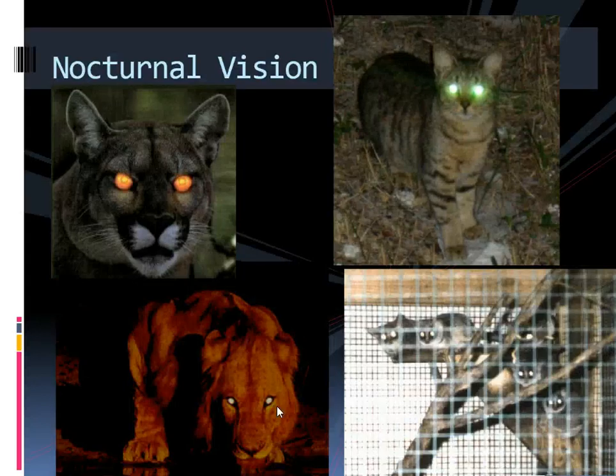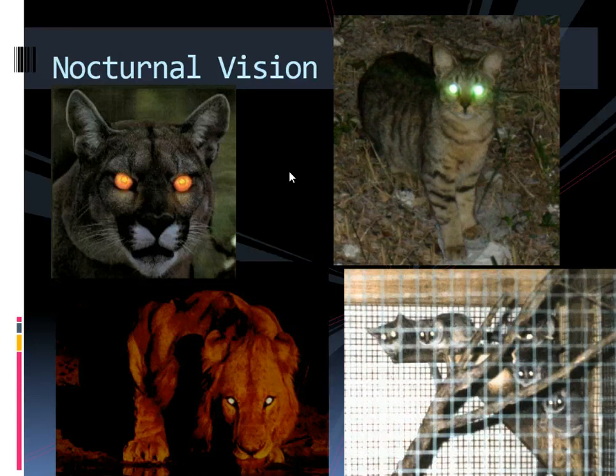Okay, now nocturnal vision is really important because if you're a hunter and you hunt at night, then you really need to be able to see. And I just want to say, as a side note, this is not a real picture. This is a false color image right here, but I like it because it shows it. This, on the other hand, is a real picture, as is this, as are those. And what you're seeing is the light from the camera reflected back off of the retina of these animals.